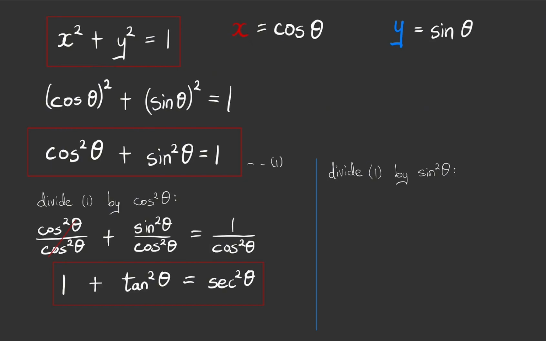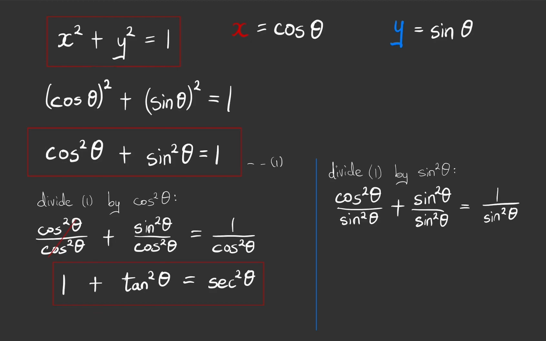That means you would now say cosine squared theta divided by sine squared theta plus sine squared theta divided by sine squared theta equals 1 divided by sine squared theta.